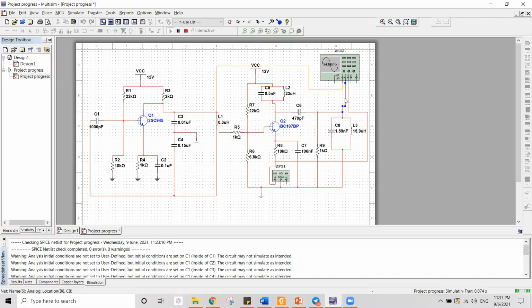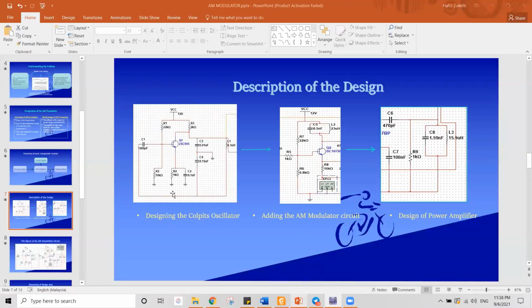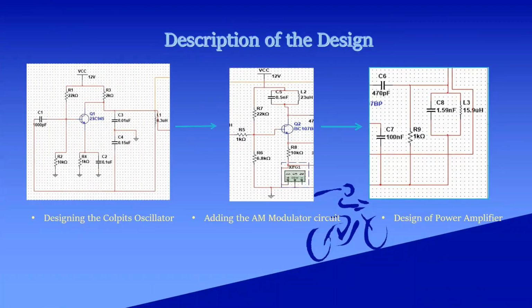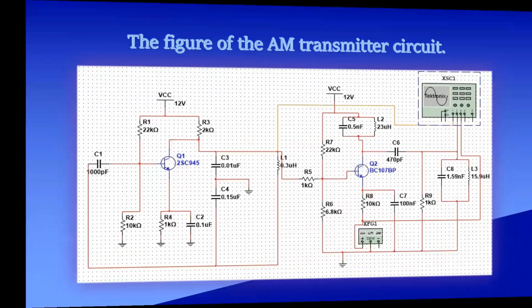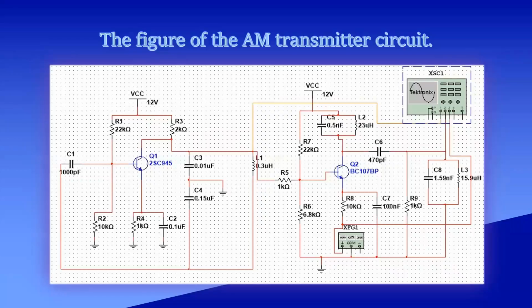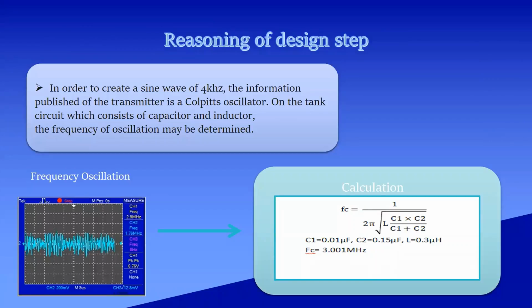Then the carrier signal is here, and the last one, the modulated signal, is at the power amplifier circuit. Okay, this is our figure, our circuit design. Okay, next I will give it to Fariza.